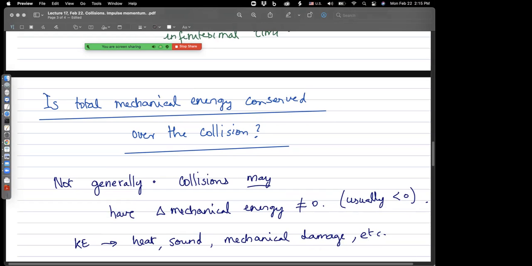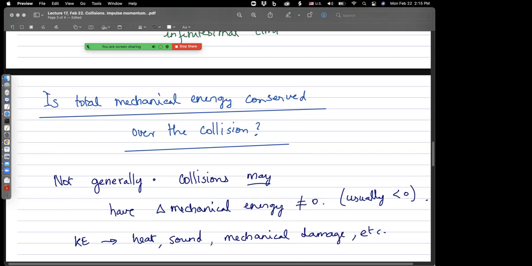When two objects collide, sometimes those objects break. The breaking or damage of an object is basically breaking bonds, internal bonds, and the chemical bonds in the object apart. That takes energy. So some of the mechanical energy gets converted to basically creating this damage, breaking those chemical bonds or mechanical bonds. Sometimes it gets converted into heat.